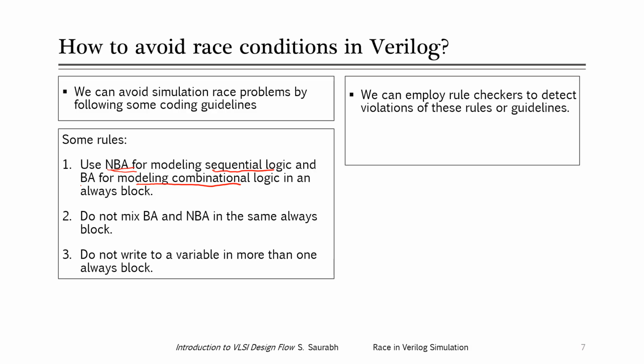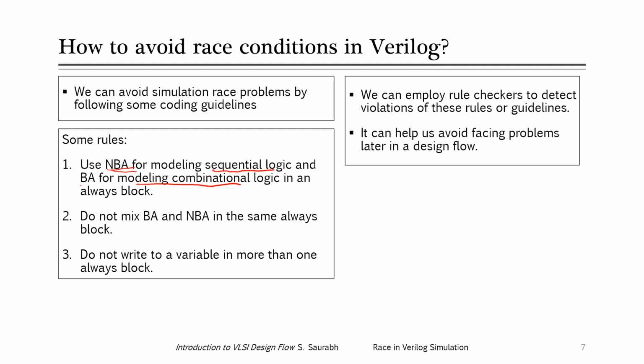And there are tools or rule checkers which help us check whether these guidelines are being violated or not. If these are violated, then we need to fix our design and the test benches. If we follow these rules, then we can avoid facing problems later in the design flow.